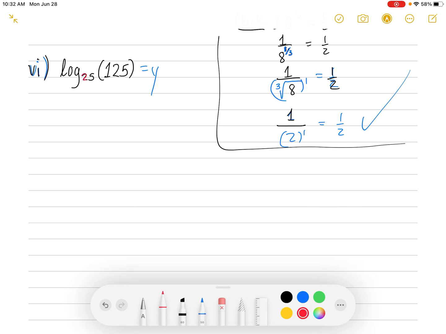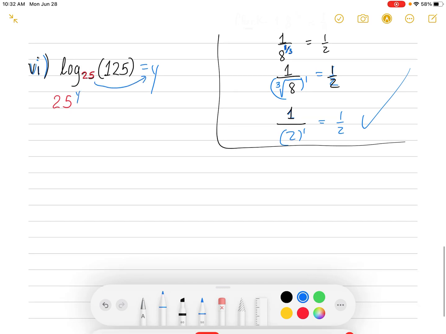Log base 25 of 125. So we're going to call this y. And I'm going to write down my logarithmic base as my exponential base. It's going to be called 25. I'm going to raise that to the yth power, and that's going to be equal to 125.